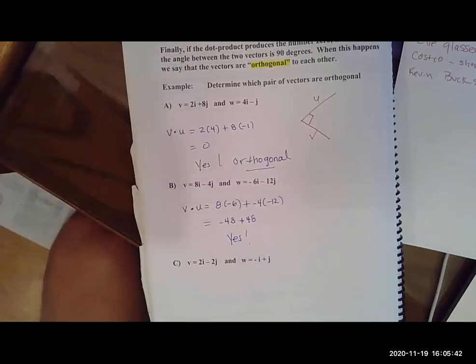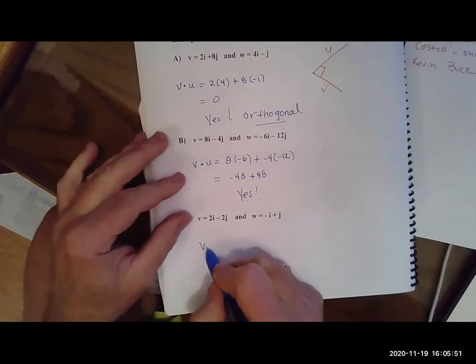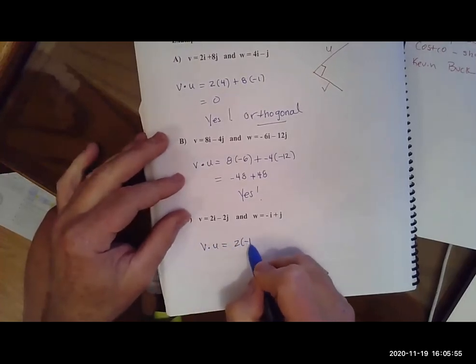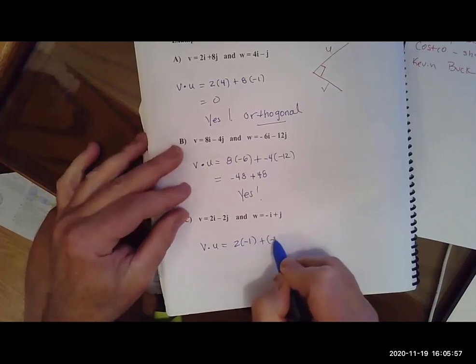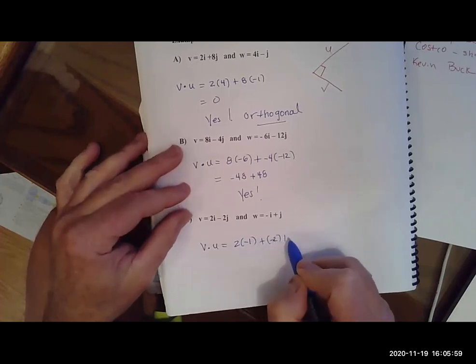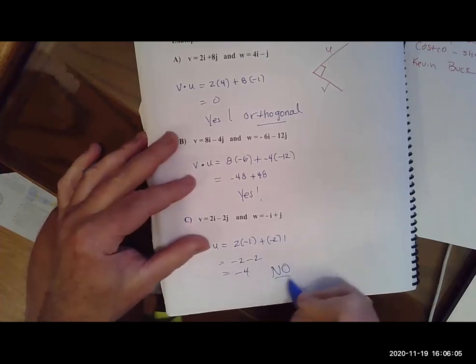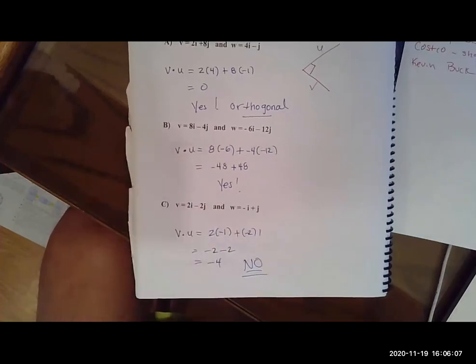So if you graphed either one of them, it should look like you've got a 90-degree angle. Finally, this one, V dot U, 2 times -1 plus -2 times 1. Oh, it's not orthogonal.